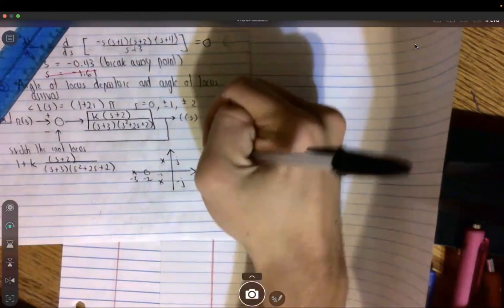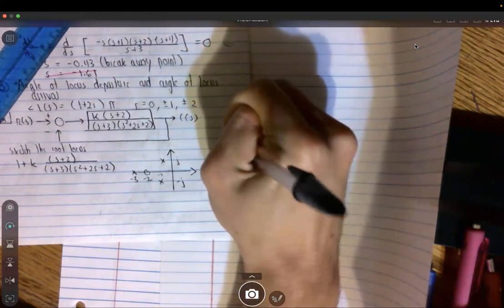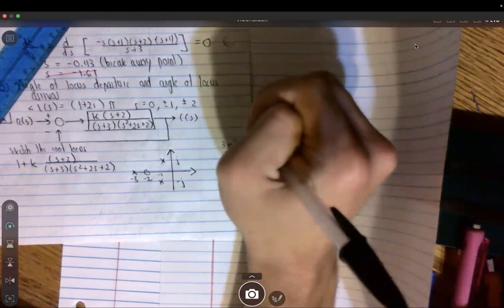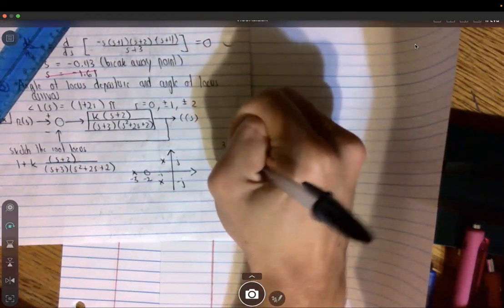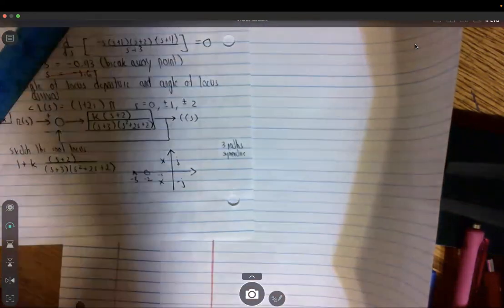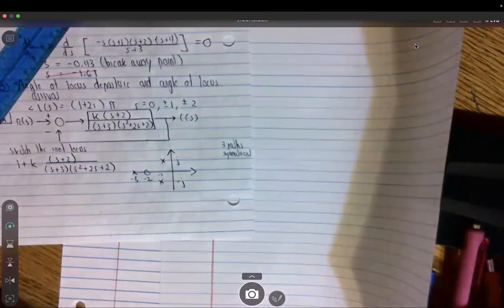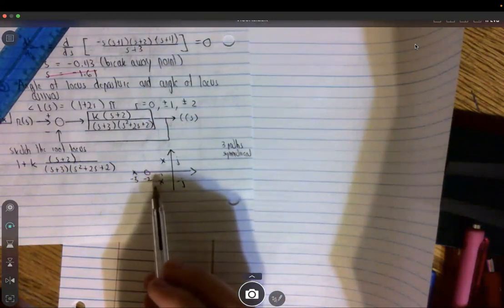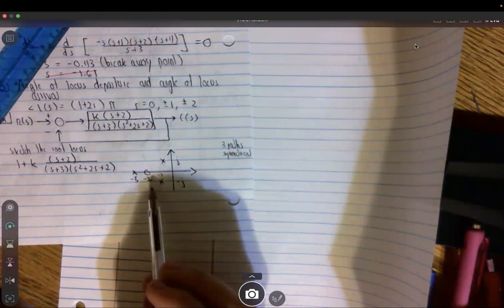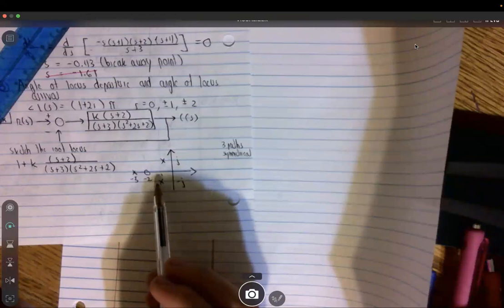So just off to the side, we have 3 paths because we have 3 poles in this graph. Remember, the root locus is symmetrical, so make sure you have that symmetry. And then we're going to notice that the root locus exists to the left of an odd number of poles or zeros on the real axis.